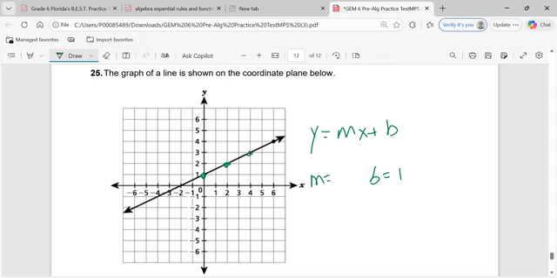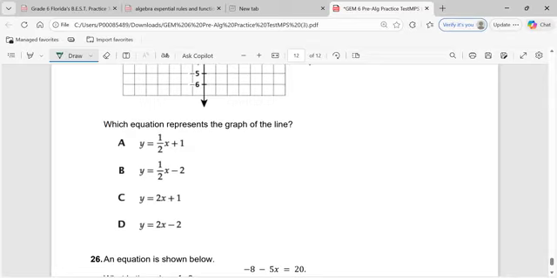All right, so then I could go up 1, right 2, up 1, right 2, up 1, right 2. My slope is 1/2. So my equation should be 1/2 x plus 1. And here it is at A.